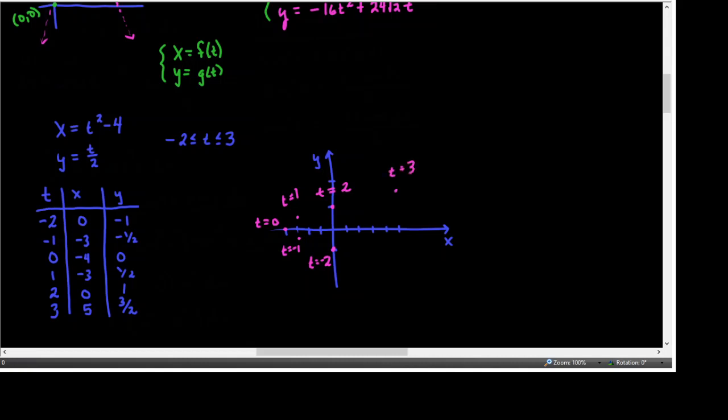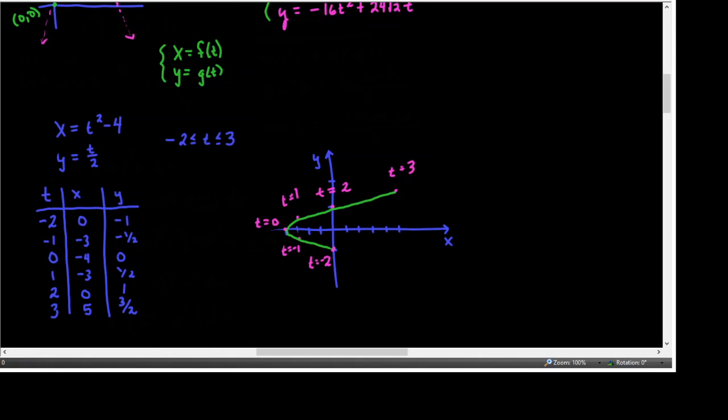Now notice those are all of the lowest and highest values. We could graph more in between, but we should not graph anything else besides what we've already plotted. So when we go to plot this, we're going this way along the curve and stopping right there.